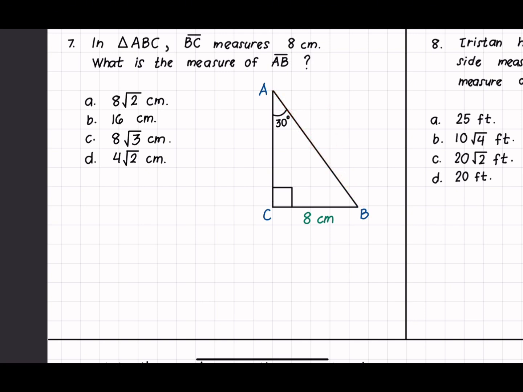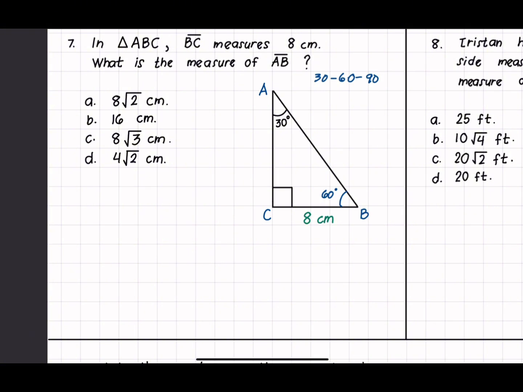Just a quick review: this triangle is a 30, 60, 90 triangle, because if we have 30 degrees and 90 degrees, therefore this measures 60 degrees. So in this problem, we are looking for AB, which is the hypotenuse of the right triangle.